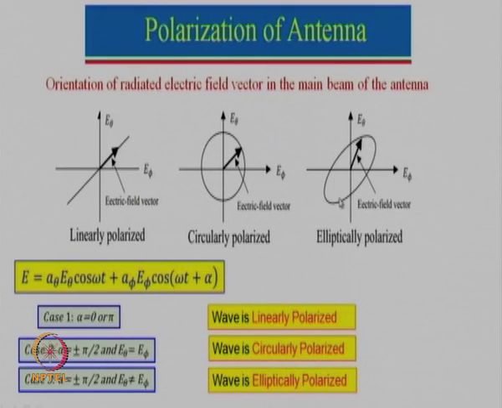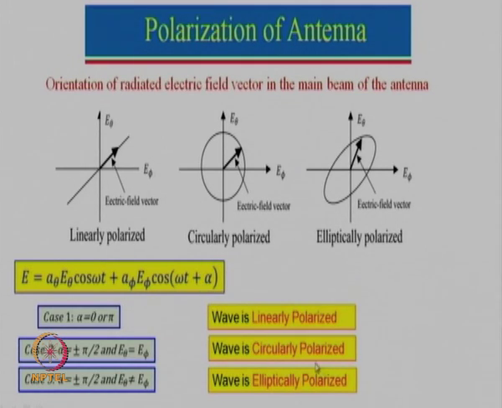Just think, if the major axis is equal to the minor axis, then this will become circular polarization, and if the minor axis goes towards 0, then this will reduce to a straight line, so that becomes linearly polarized. For the polarization to be defined, let us say any E component has a theta component and a phi component. So E theta cos this, and then there is a phase difference between them.